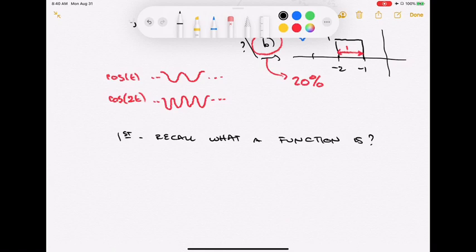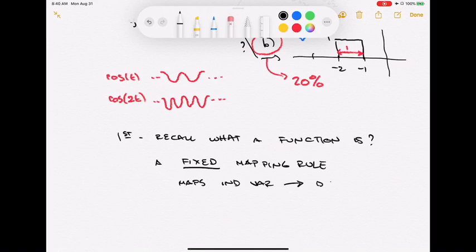So what is a function? A function is, and I'm going to emphasize this, a fixed mapping rule. And what does it map? It maps the independent variable to the dependent variable.